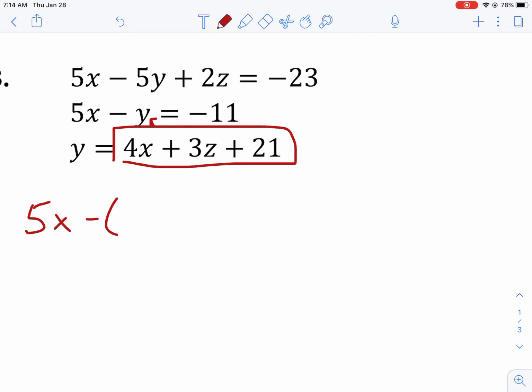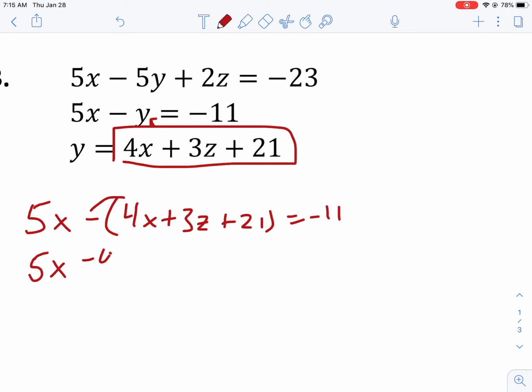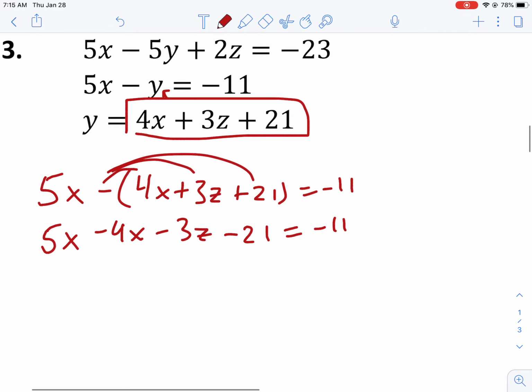All right, so 5x minus 4x plus 3z plus 21 equals negative 11. So we've got to distribute our negative sign. So that's minus 4x minus 3z minus 21 equals negative 11.